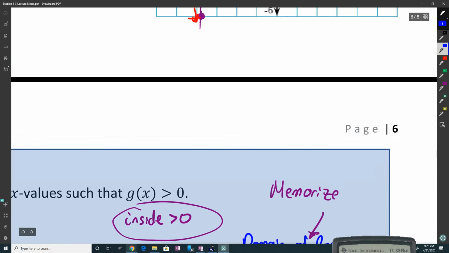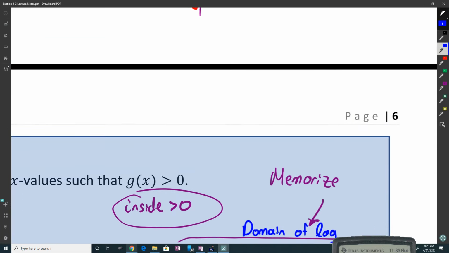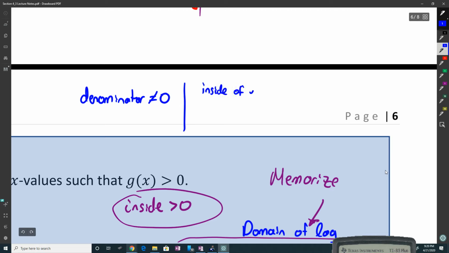Now earlier in exam 1, remember we had the denominator cannot be 0. We have the inside of an even root has to be greater than or equal to 0. And now we're adding a third rule.